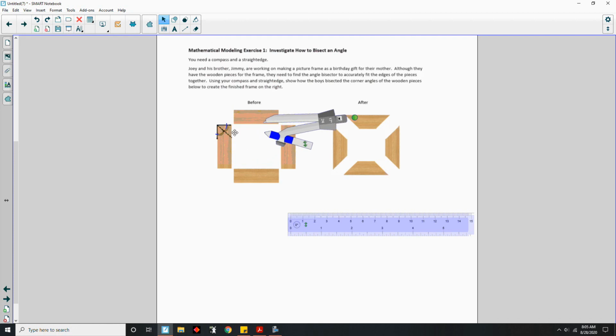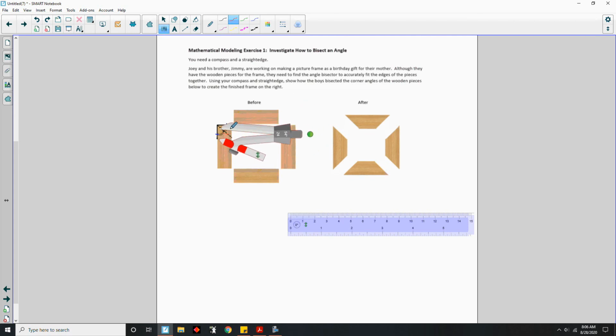So what I've done is, hopefully you can see this okay, I have made an arc of the same distance on each ray. Then I'm going to take, and I'll change colors now, and put my compass point on the arc intersection of that ray and create a mark here on the interior of this angle.